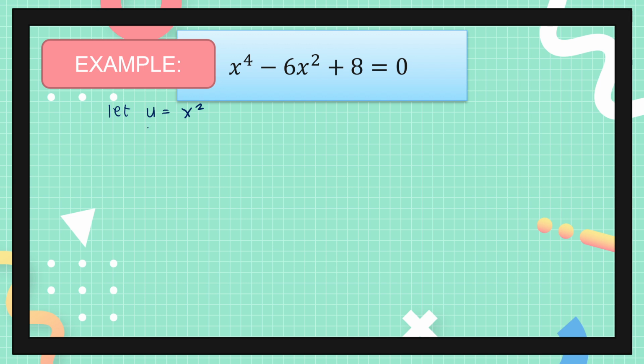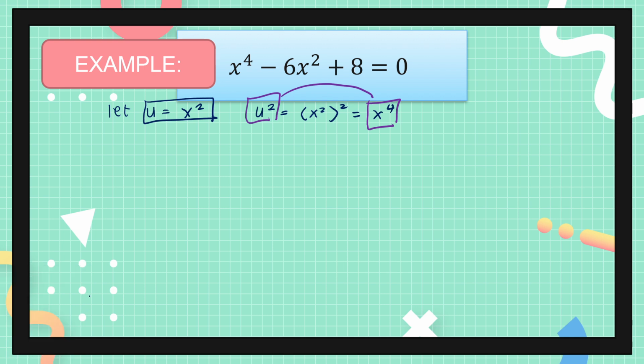So if we have u, we will use u squared. Again, the value of u is x squared and then quantity squared. So using the power rule, it will give us x raised to 2 times 2, that is x raised to 4. So remember that u is equal to x squared, and then u squared is equal to x raised to 4.